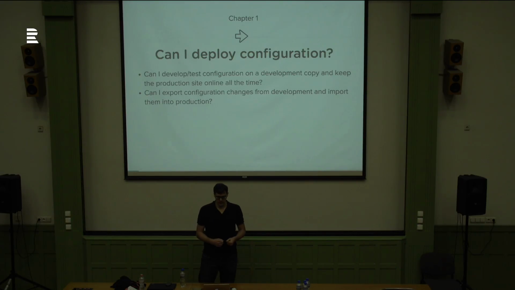Chapter 1: can I deploy configuration? This is the core use case. You have a site on your development instance, and you want to push it to production. Essentially, the configuration from development to the configuration from production.